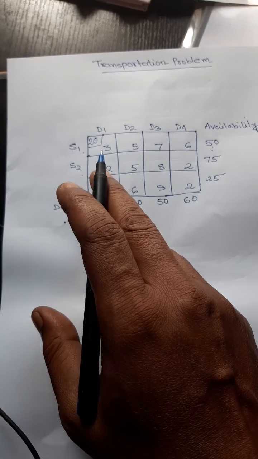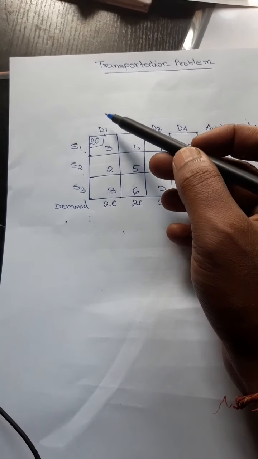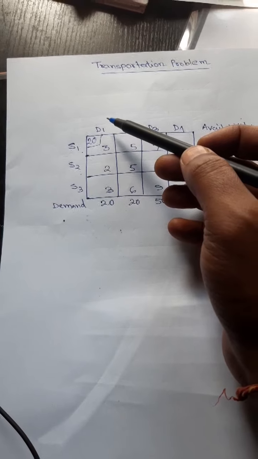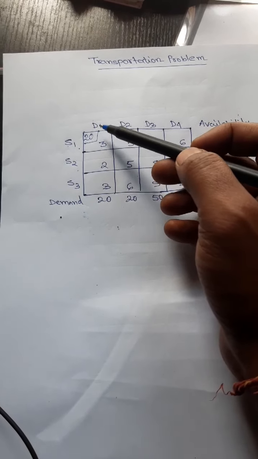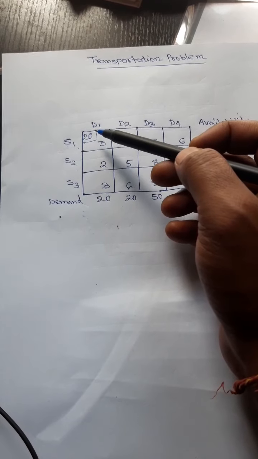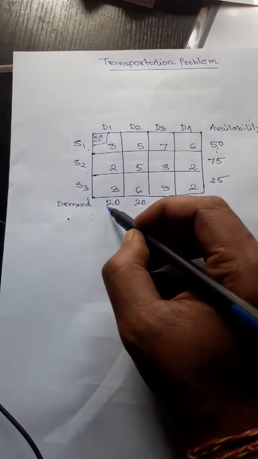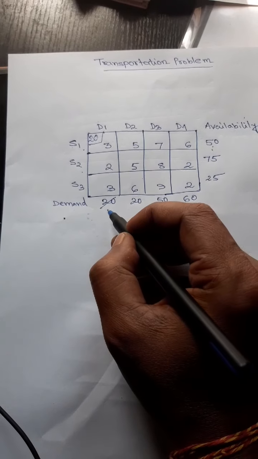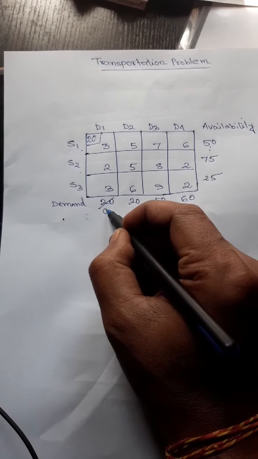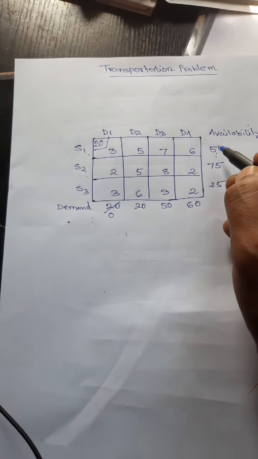As we allocate 20 here, the demand of destination 1 is met, so it does not require any further product. The demand at the destination is now 0.